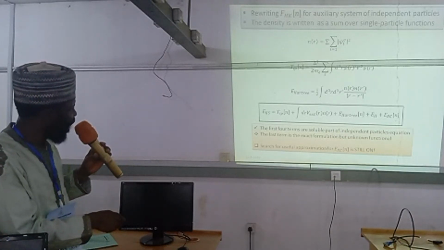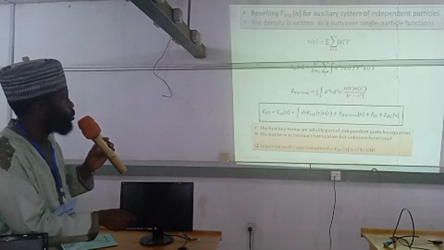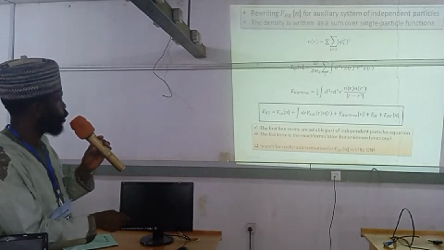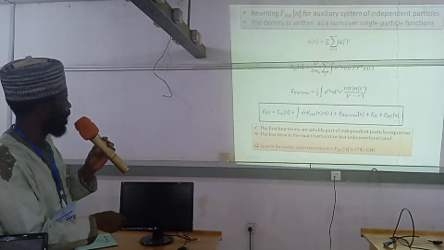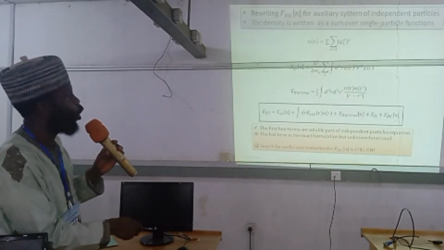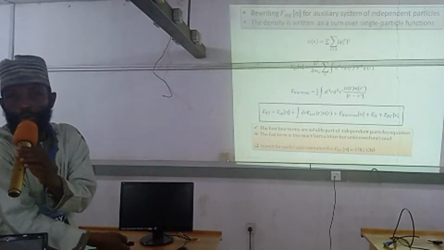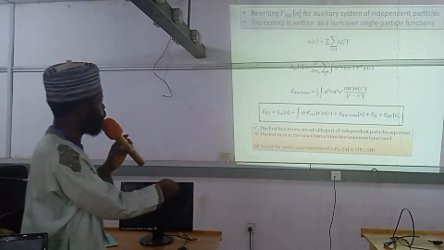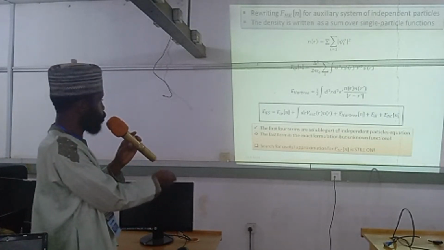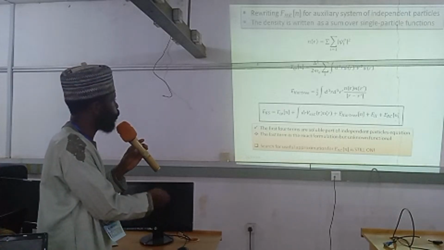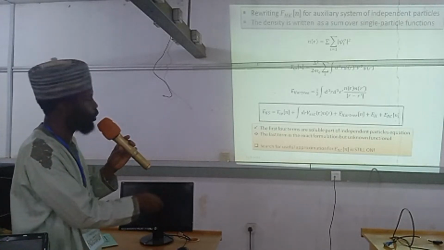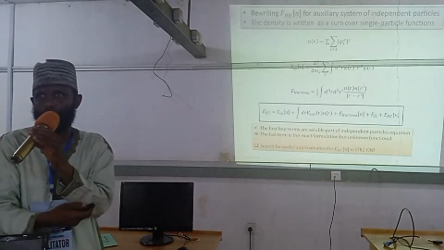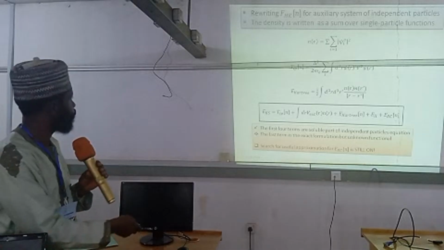The first four terms are soluble parts of the independent particle system. The last term is the exchange-correlation energy, an unknown functional. So we search for a useful approximation for this. The search for a useful approximation for this exchange-correlation energy as a functional of the density is still on, just like I mentioned, if you remember the library analogy.